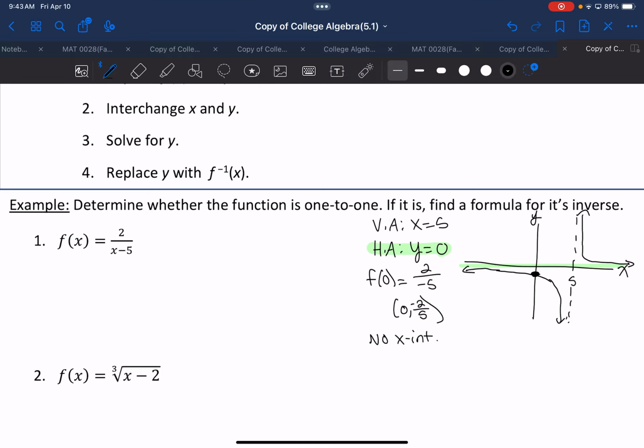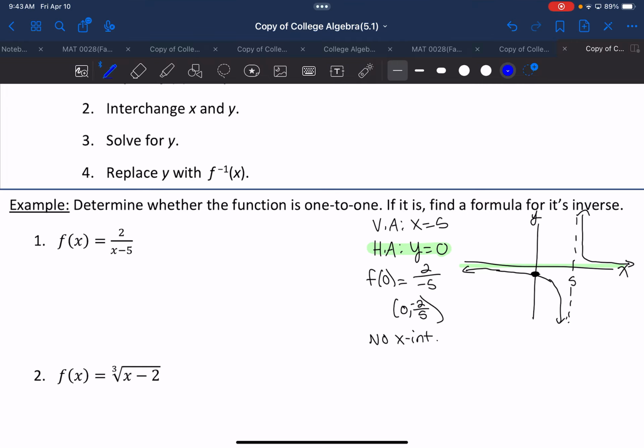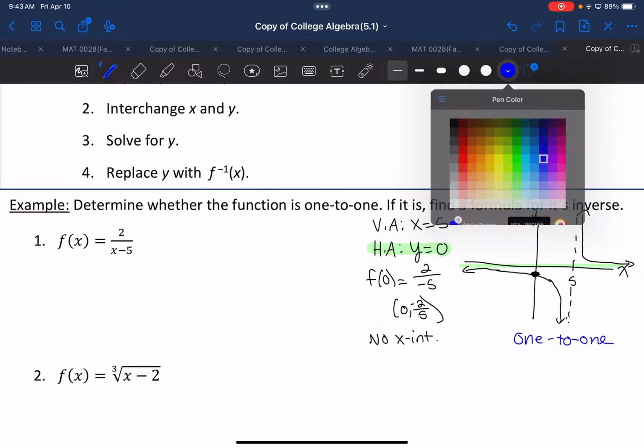Okay, so in terms of my horizontal line test, do you think that this function is 1-to-1? Yes, it is. It will never cross more than once. So this is 1-to-1, and I'm also going to tell you the other way.